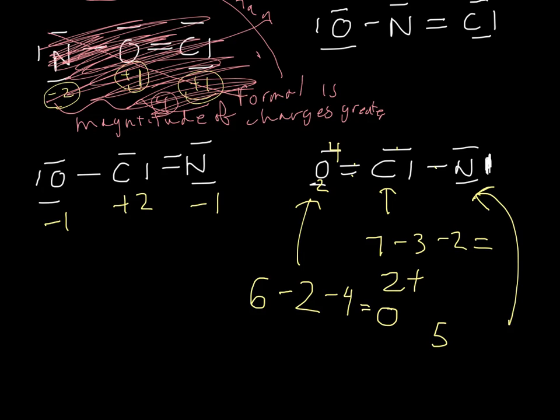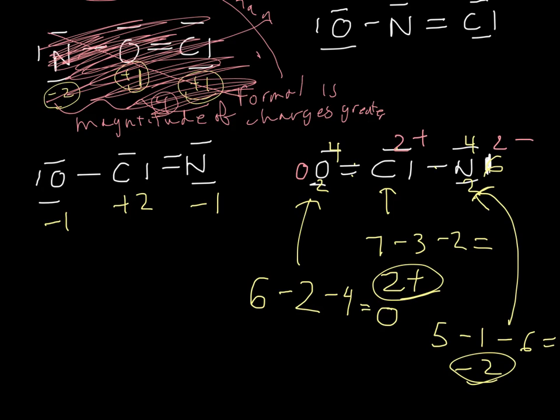Shame on me. 5 valence electrons, minus 1 bond, minus 2, 4, 6 lone electrons for a formal charge of -2 for nitrogen. So for that Lewis structure, our formal charges are going to be 0 for the oxygen, positive 2 for the chlorine, and 2 negative for the nitrogen. Now for both these structures, the sum of the formal charges is 0. And if we did the magnitudes, we'd get the sum of the magnitudes for both structures to equal 4.